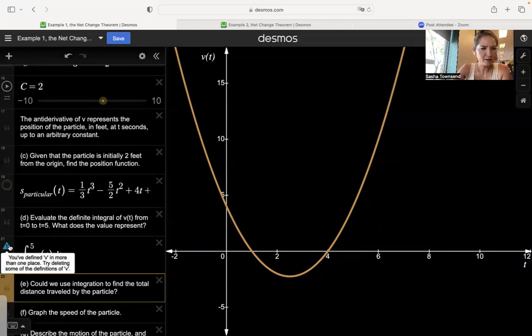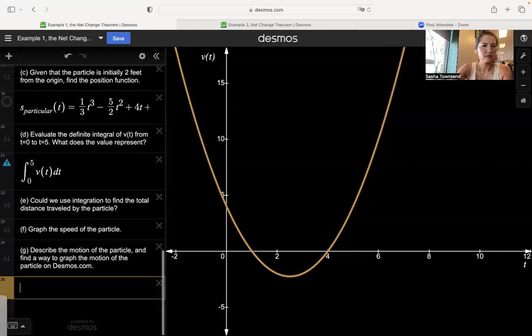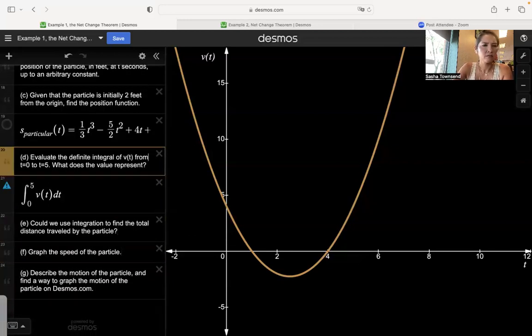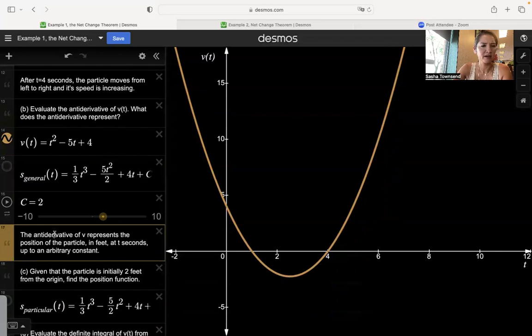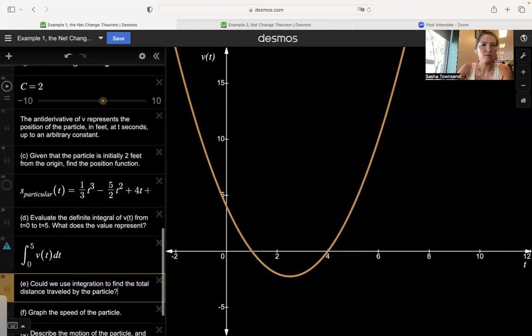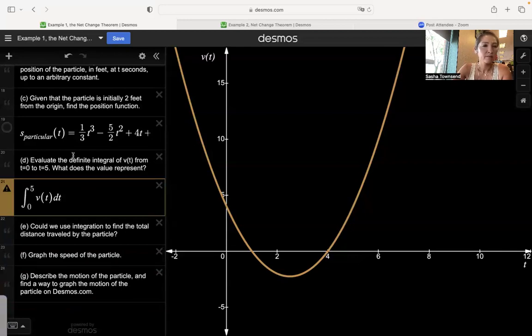Why is it having trouble? It says it's defined in more than one place, but I don't see it being defined in more than one place. I only see it being defined there. Okay, I don't know why it's having trouble with that.